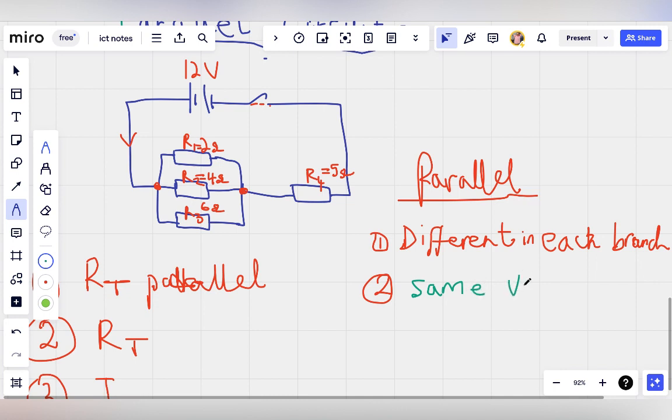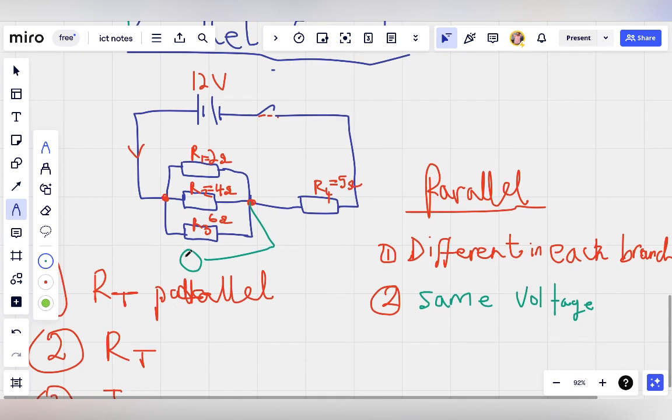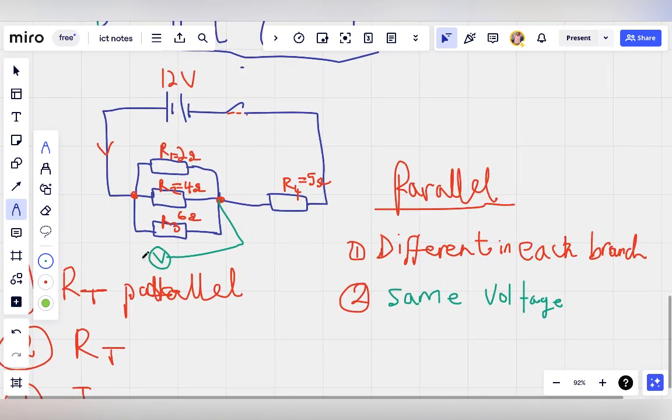So how do you connect the voltmeter across this? If I want to connect the voltmeter, all I need to do is extend it from here, and put my voltmeter here, only one voltmeter.